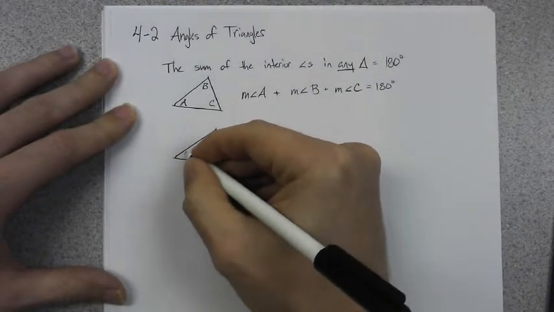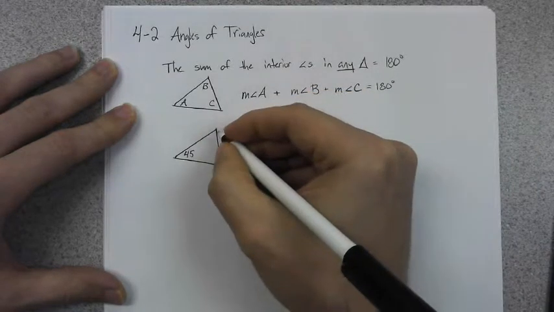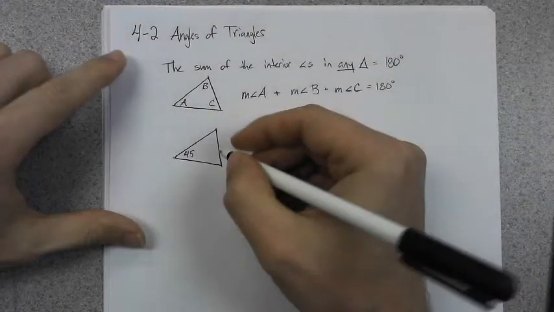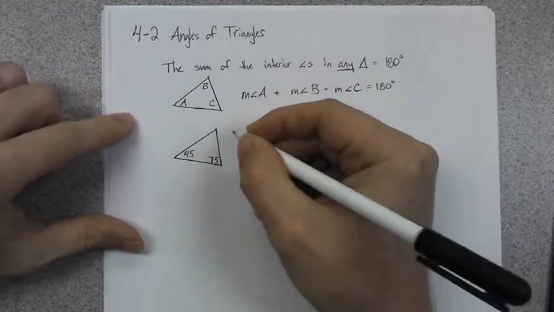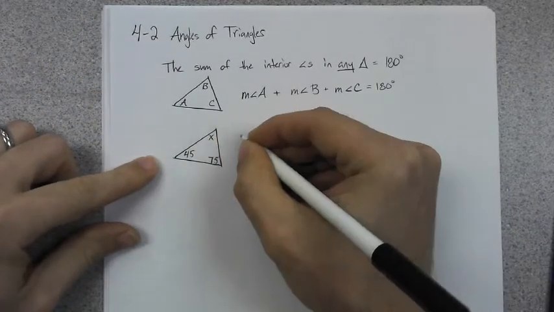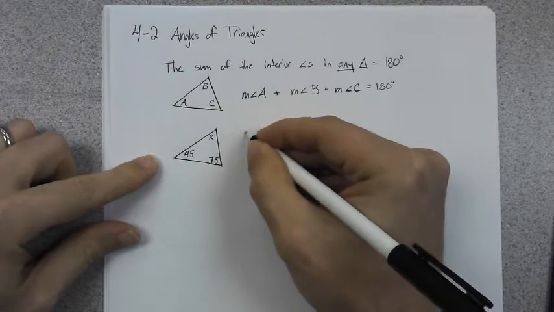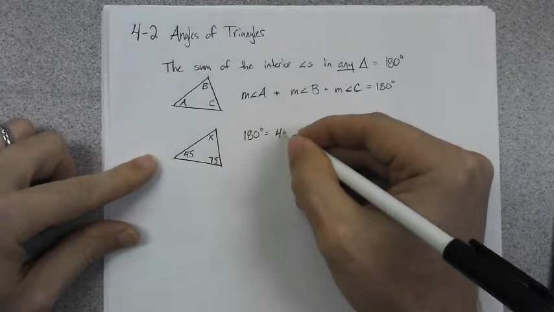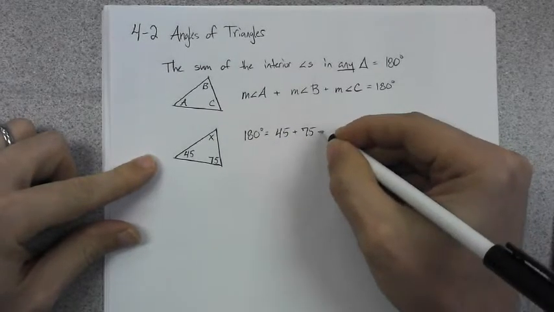Let's say this is 45 degrees, and let's say this one is 75. And this we'll call x. So in order to find out x, you're going to say 180 degrees equals 45 plus 75 plus x.